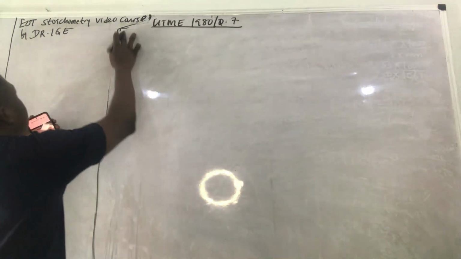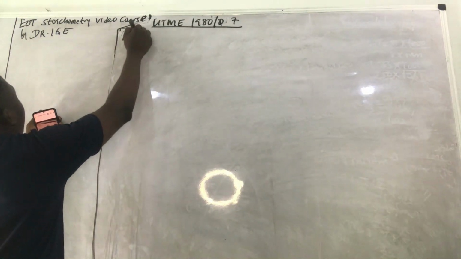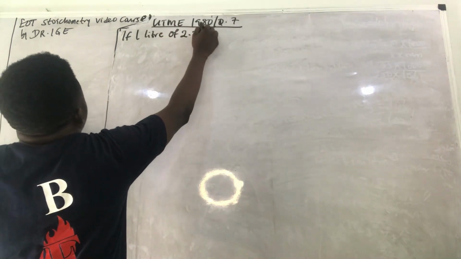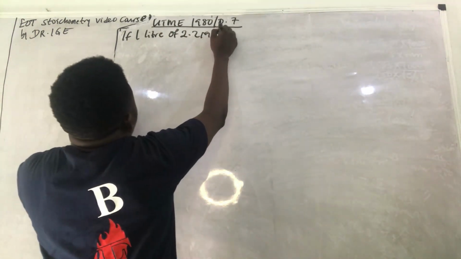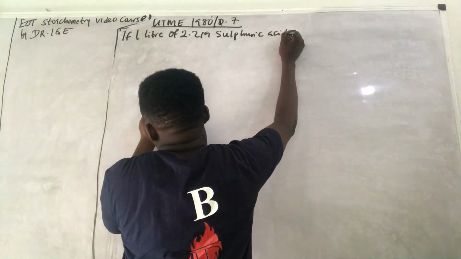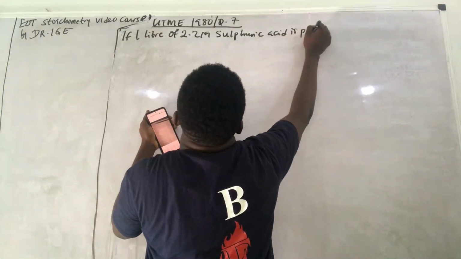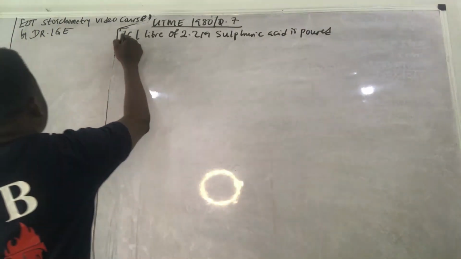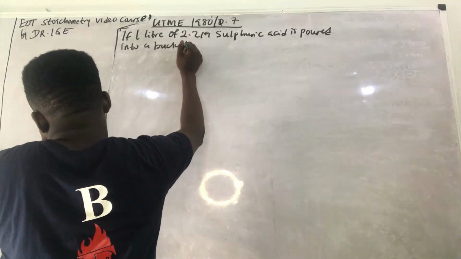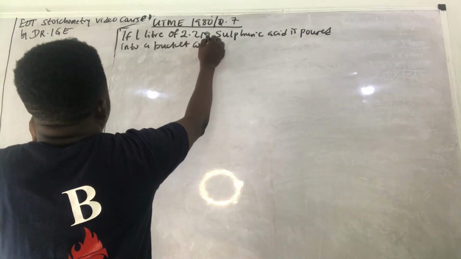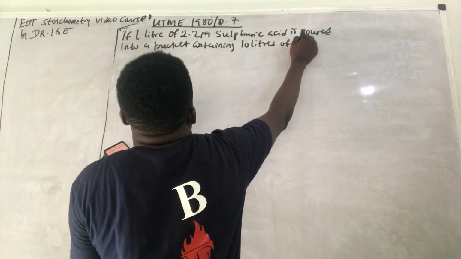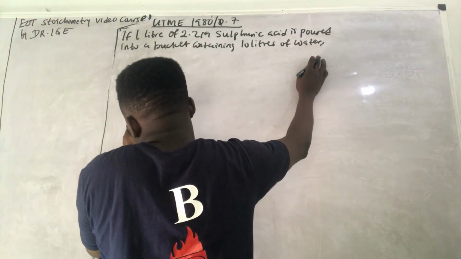And it says if 1 liter of 2.2 molar concentration, 2.2 M of sulfuric acid is poured into a bucket containing 10 liters of water, right?